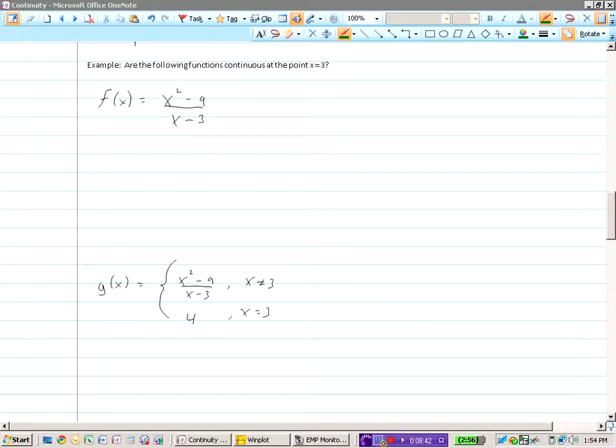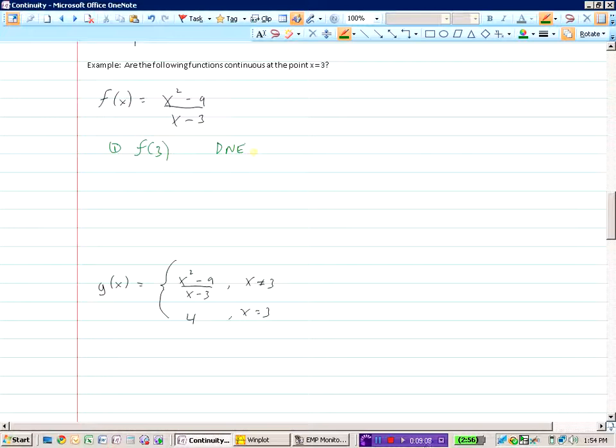So if we look at this one, the first thing we've got to do is find out what is f of 3. F of 3, if I try to substitute 3 in for x in this function, I'm going to get 9 minus 9, which is 0, over 3 minus 3, which is 0. We cannot divide by 0, so f of 3 does not exist.